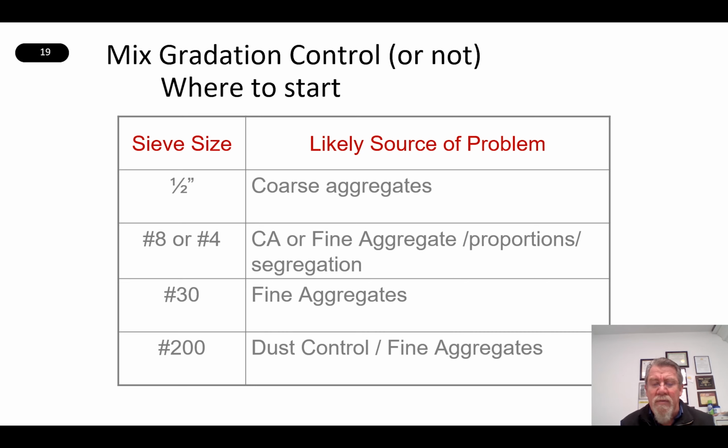Keep a handle on the 30 sieve, and you should be able to control your fine aggregate gradations. And then the 200 sieve, that's your dust control. Again, a good rule of thumb with the 200 sieve is a 1% change in the 200 is probably a 1% change in VMA, 1 for 1.